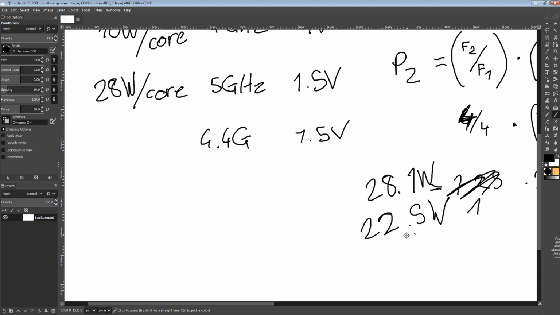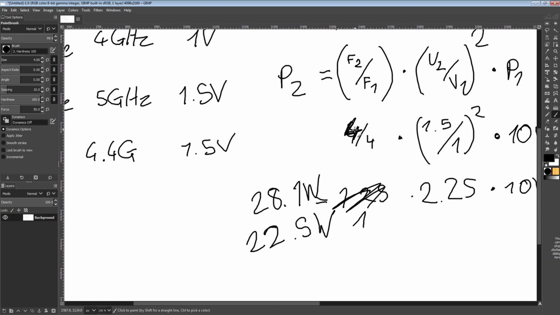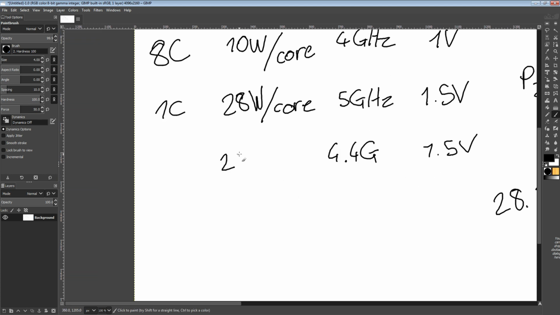Basically a lot. If we run it at 4.4 instead of 5, we'd end up with times 1.1, so somewhere around 23 to 24 watts of power consumption.